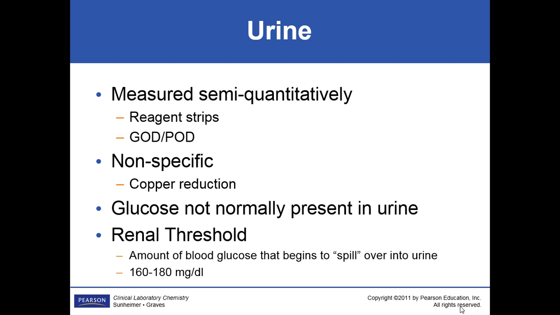So it came out of the blood and into the urine because it's so high in the serum, in the blood, okay? That's called the renal threshold. At the point when the renal system can't take it anymore, then it lets it through. You know, just think of it as it's got a hold gate, and the glucose is getting so high, you just can't hold it, and it lets it out. It's a renal threshold, and it starts spilling over.